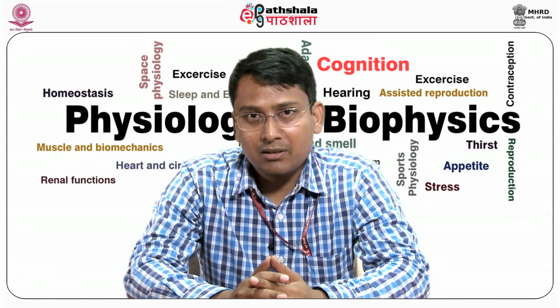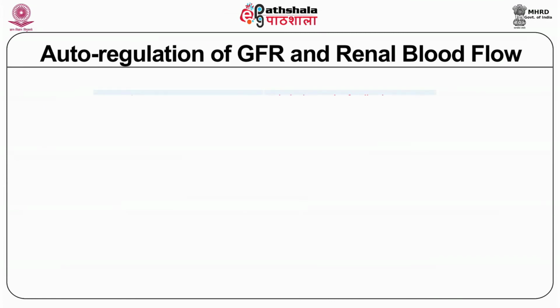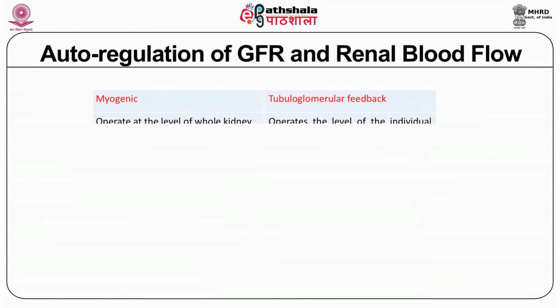In the table the autoregulatory mechanisms are shown, and these are essentially two, that is the myogenic mechanism and the tubuloglomerular feedback mechanism. We will just compare them. The myogenic mechanism operates at the level of the whole kidney, while tubuloglomerular feedback operates at the level of the individual nephron.